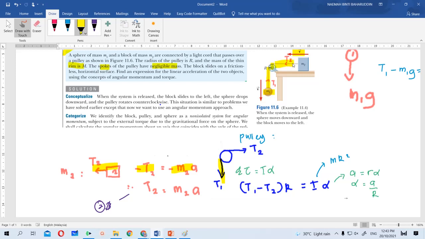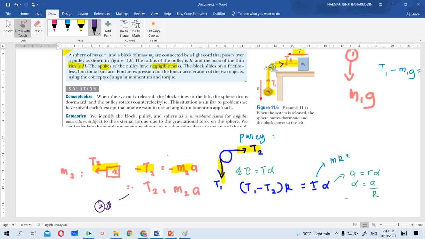And T2, the same string, is also directed away from the pulley. This is Newton's third law. Recall that Newton's third law says there are two forces in opposite directions but acting on different objects. So this is the one acting on the pulley.